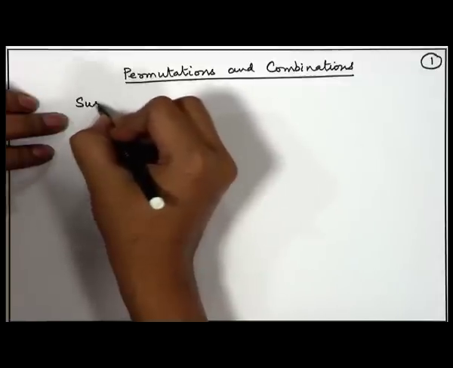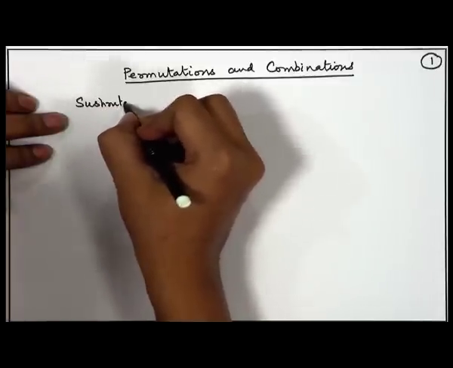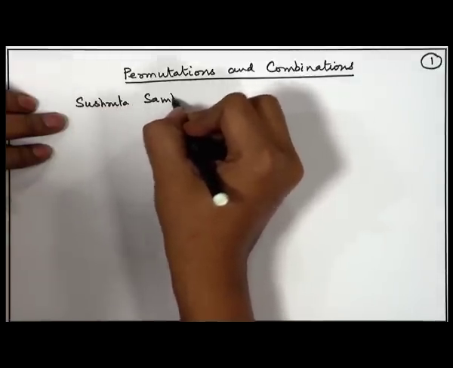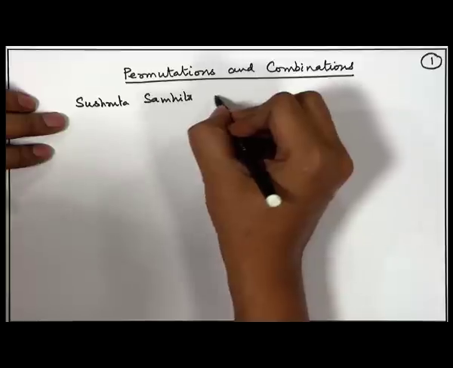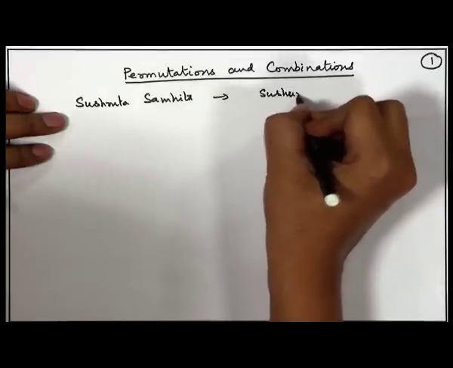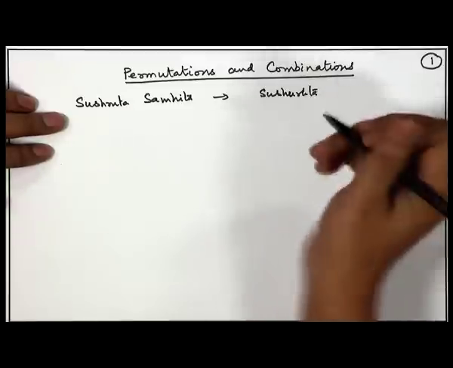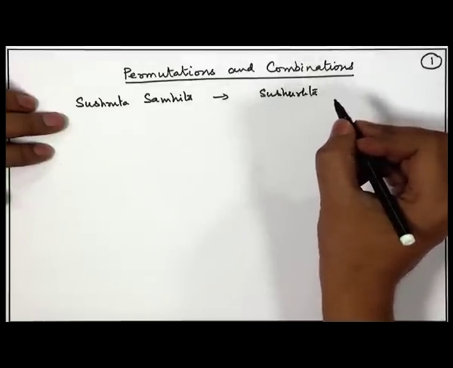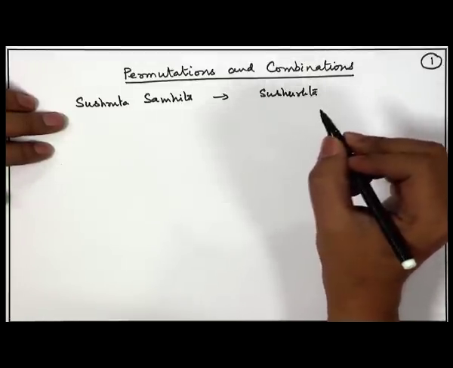For example, there is a reference in Sushrut Sanhita. This is by Sushrut. He was an ancient Indian medical professional.